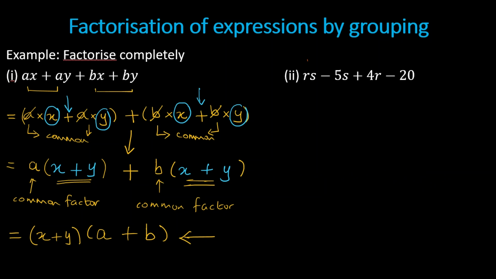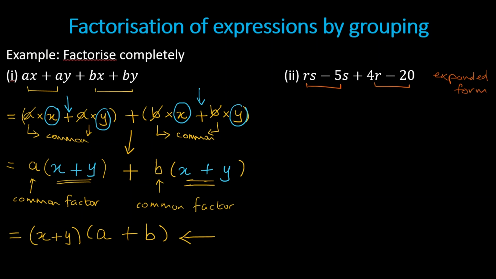We have rs minus 5s plus 4r minus 20. Right? So the first step is to take two terms at a time and we write them in expanded form. Right?